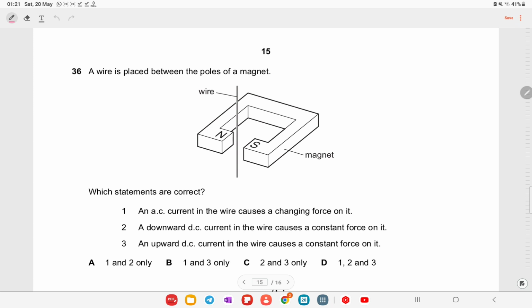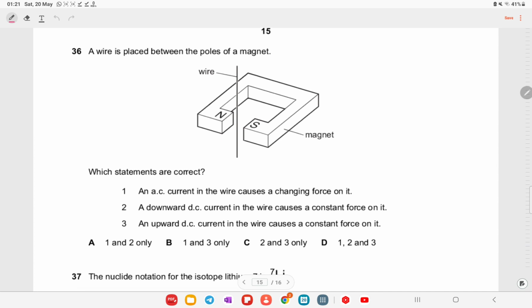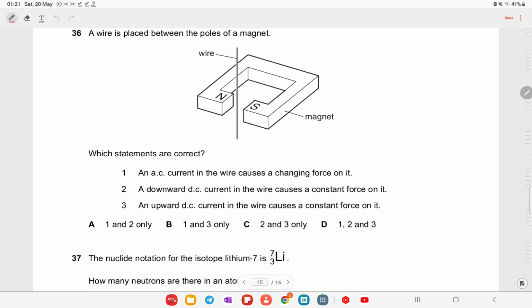A wire is placed between the poles of a magnet. Which statements are correct? An AC current in the wire causes a changing force on it. A downward DC current in the wire causes a constant force on it. An upward DC current in the wire causes a constant force on it.